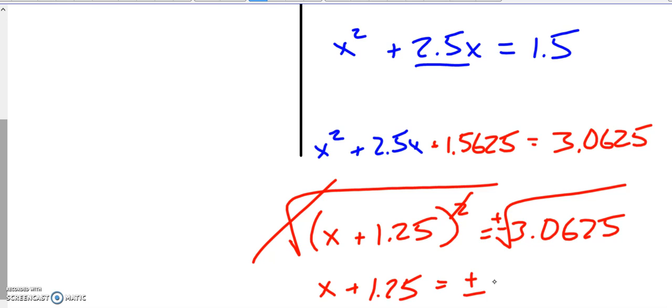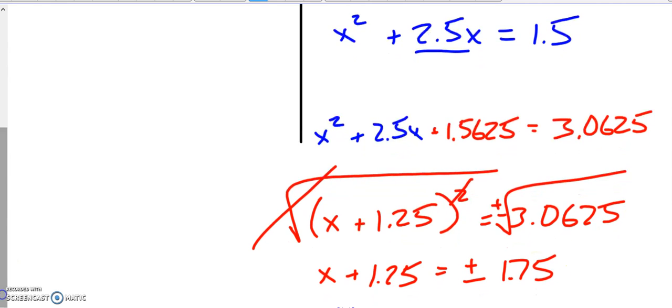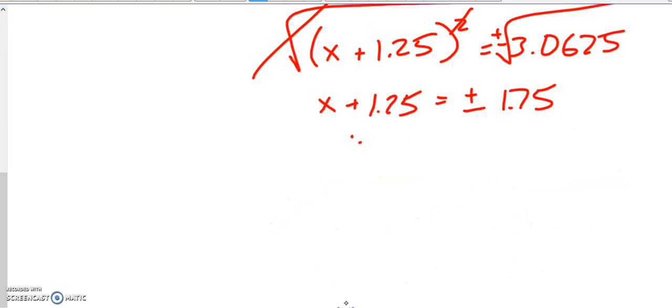Now if I take the square root of 3.0625, we will get 1.75. So even though we had some weird decimals, it's actually working out pretty nicely here. So let's see if I can extend my screen. There we go. And we'll just finish this off.